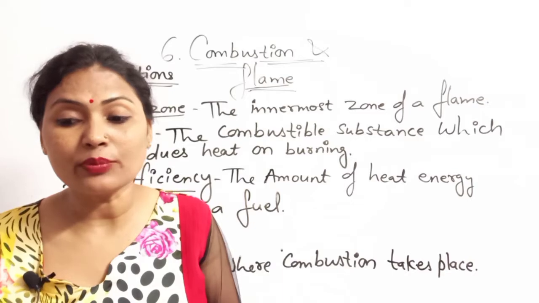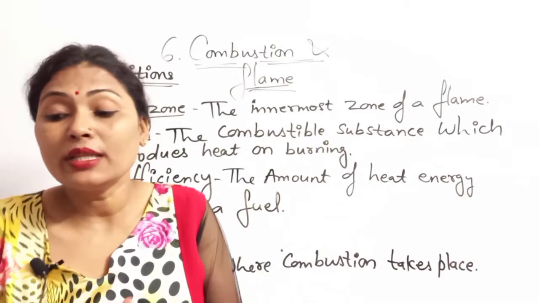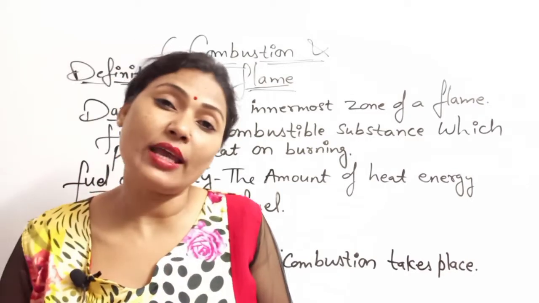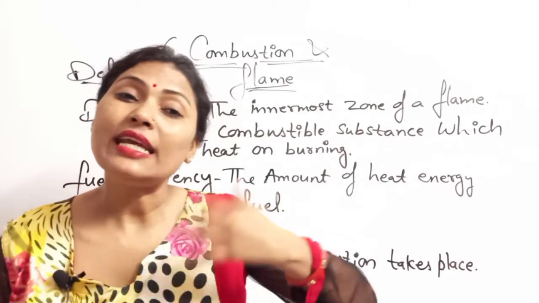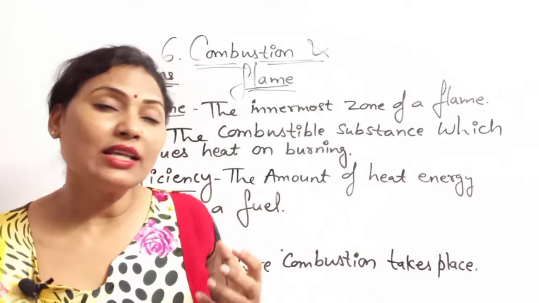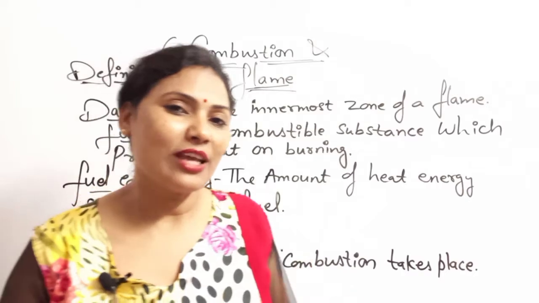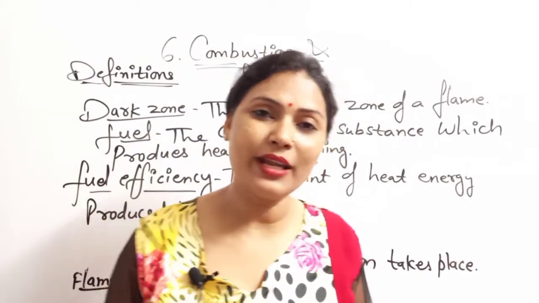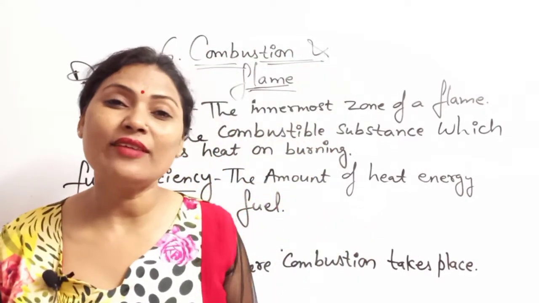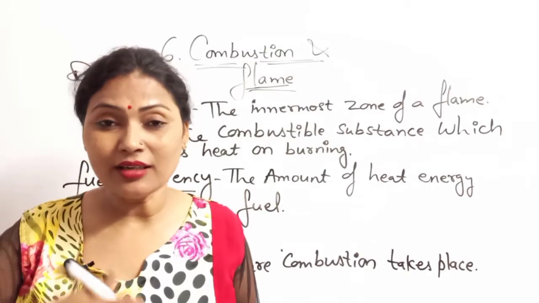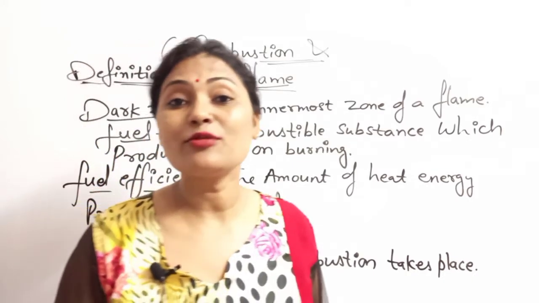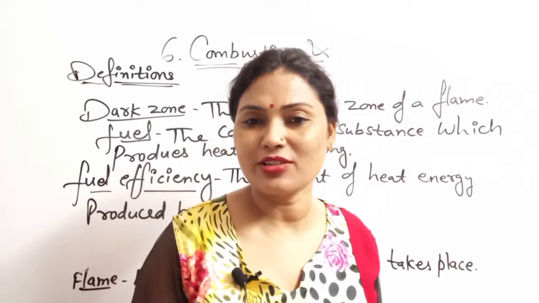Spontaneous combustion, the process of burning of a substance without application of fire. It will burn by itself. Like if we keep sodium or potassium or phosphorus in open air, they will catch fire with the air. That is known as spontaneous combustion.